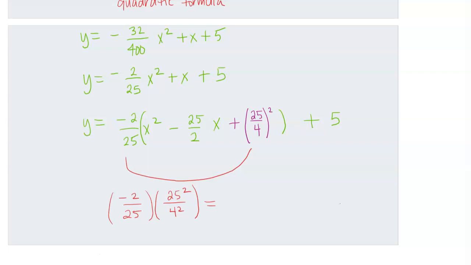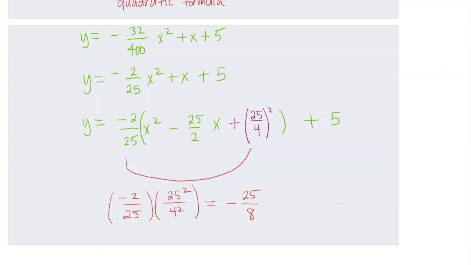Bear with me for a minute. And I'm getting a negative 25 over 8. Just double check that.